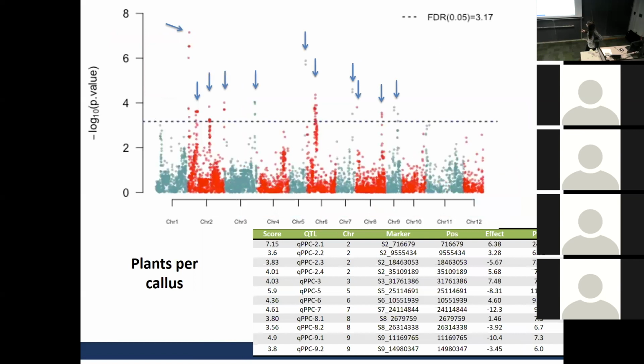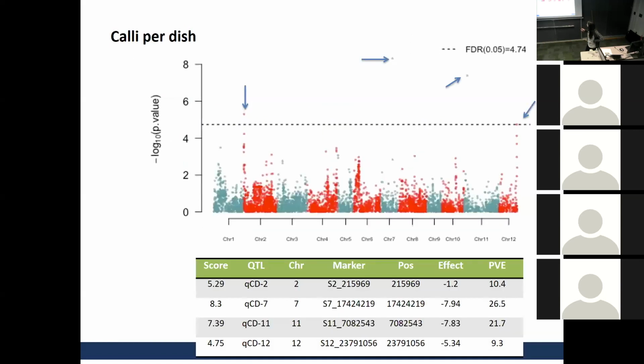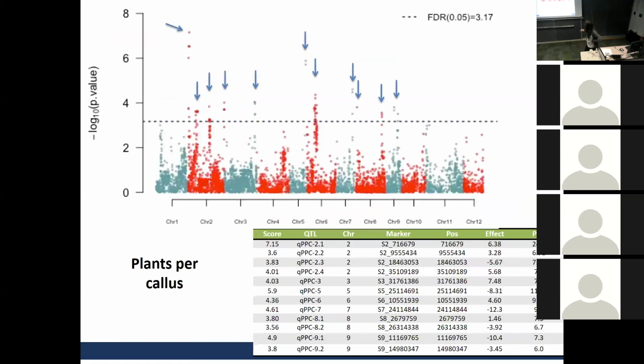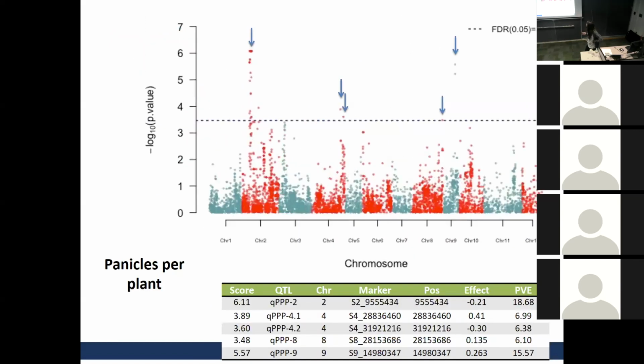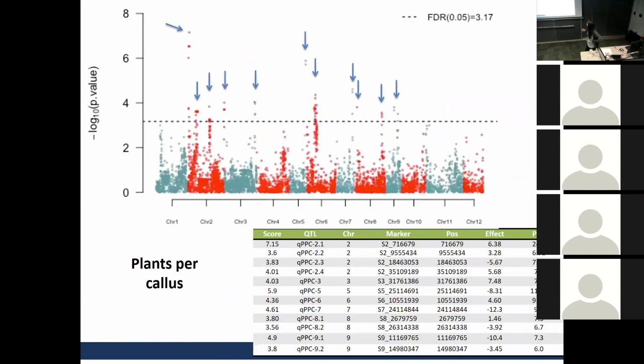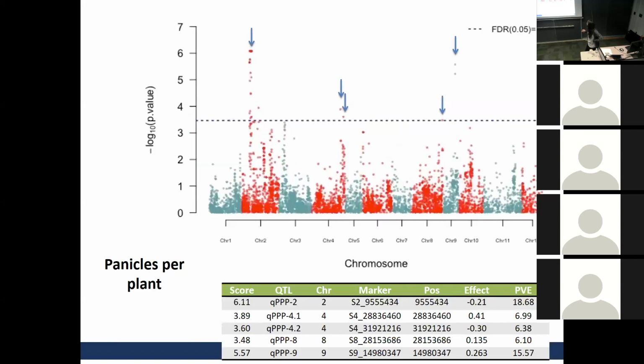The one on chromosome 2 was also collocated with one for callus induction. These QTLs were distributed along chromosomes 2, 3, 5, 6, 7, 8, and 9. And finally, for panicles per plant, we found a total of 5 QTLs, and this QTL also collocated with the second QTL found here for plants per callus.